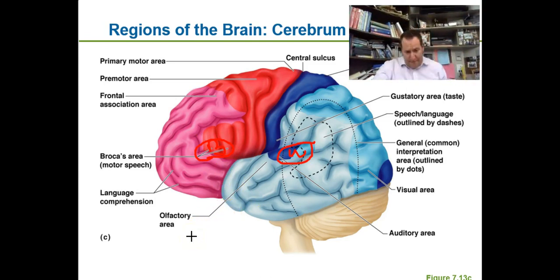Now we have a whole type of problems that we call aphasias. Aphasias are problems with being able to speak. We have a Wernicke's aphasia, and we have a Broca's aphasia. A lot of these can be stroke-oriented, when this area becomes damaged as a result of the stroke.